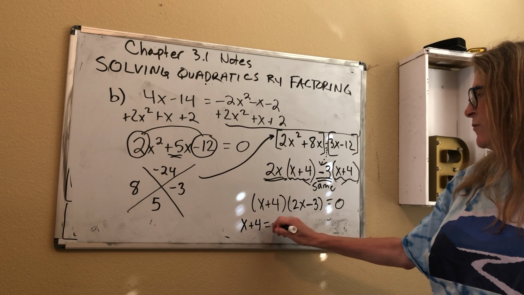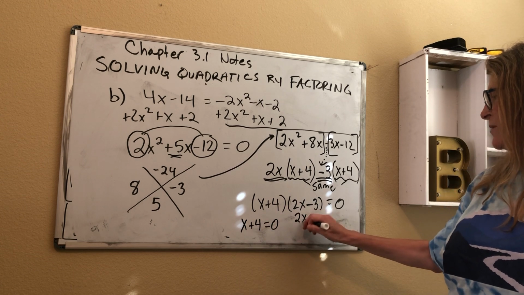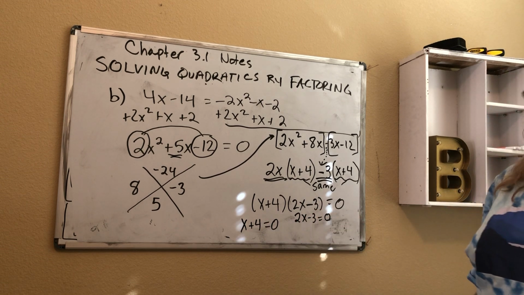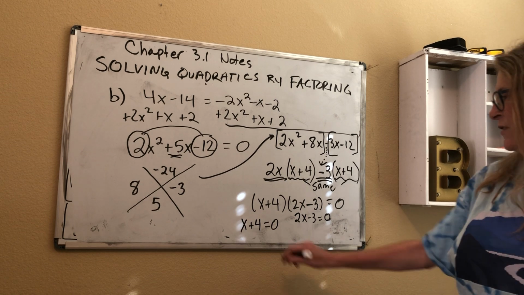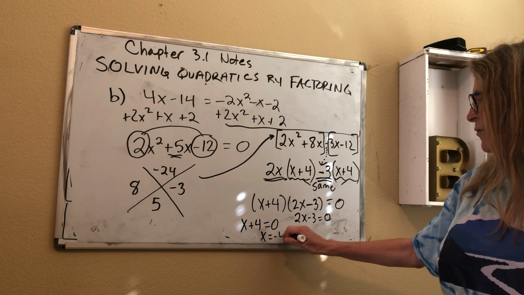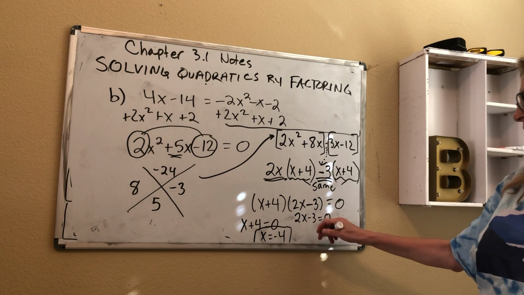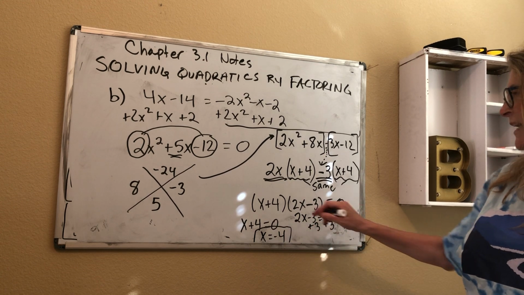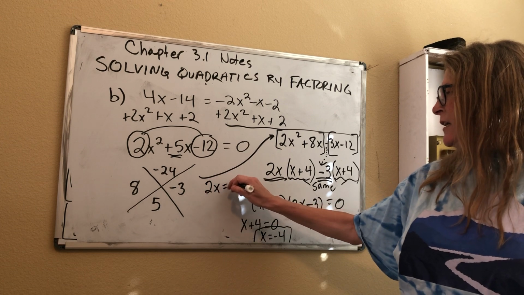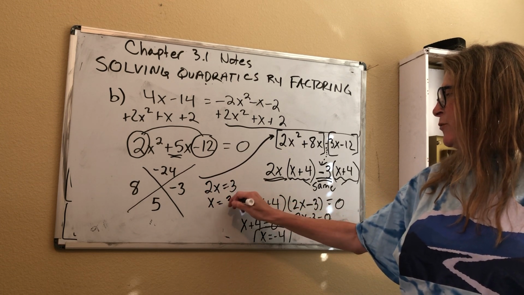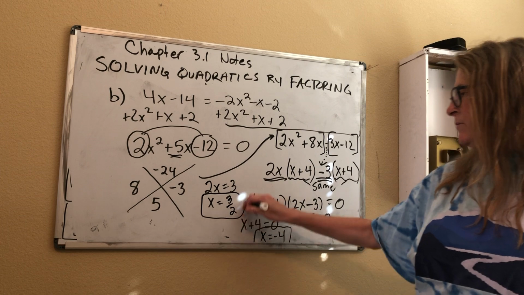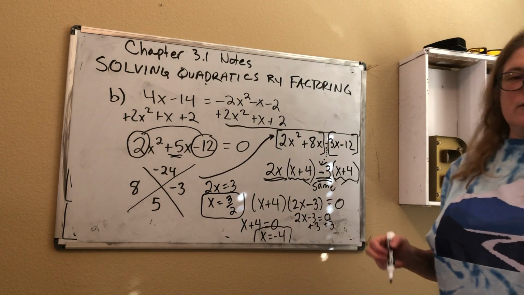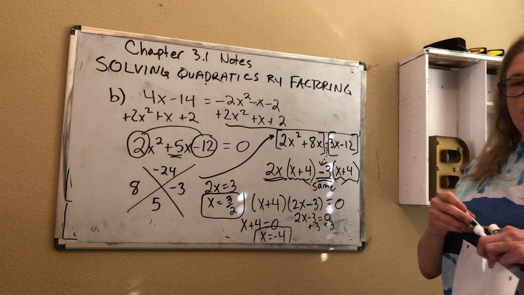X plus 4 equals 0, and 2x minus 3 equals 0. So this one, x equals negative 4. And this, if I add 3, right, I get 2x equals 3, and x equals 3 over 2. So those are my two answers, 3 over 2 and negative 4.